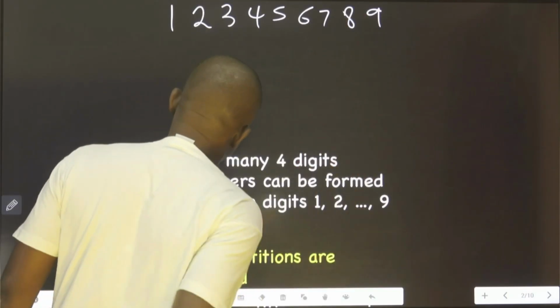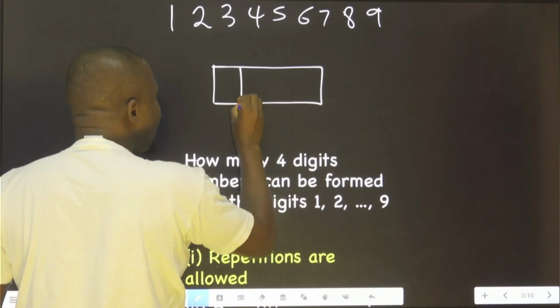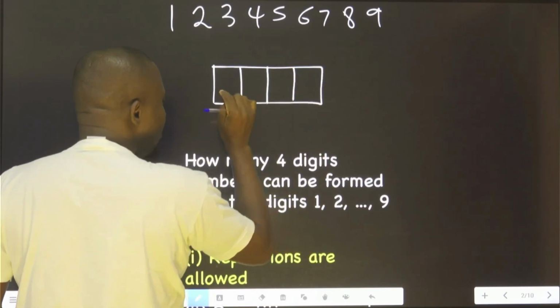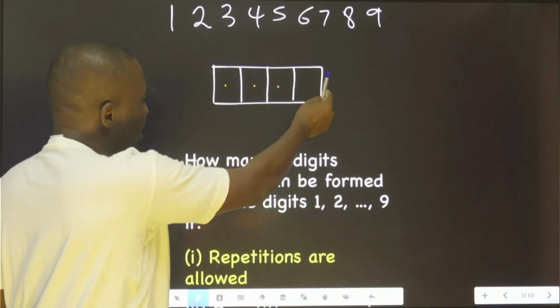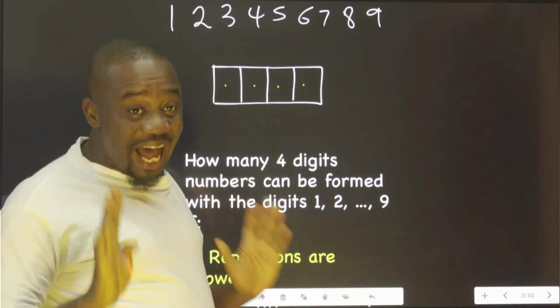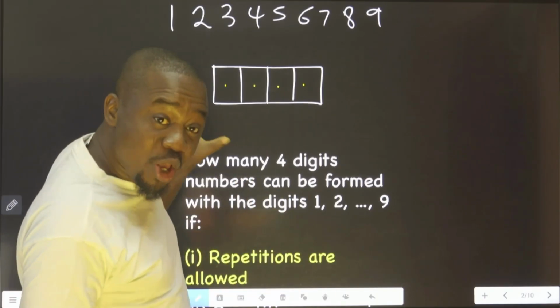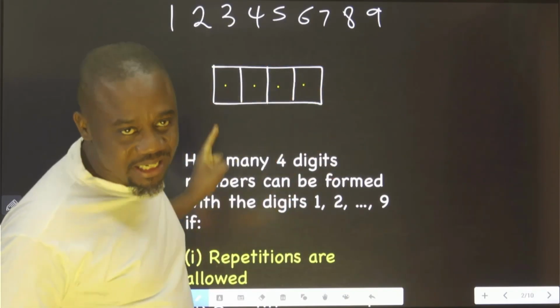So we are looking at filling up these positions. The first digit will be here, second here, third here, then the fourth there. Now, what we are showing here is 9 digits.